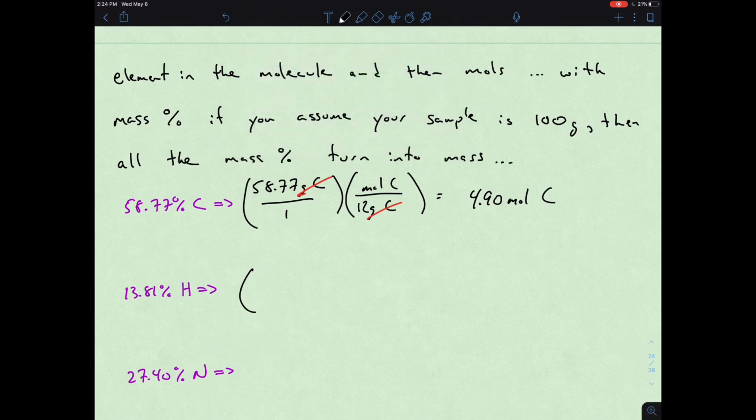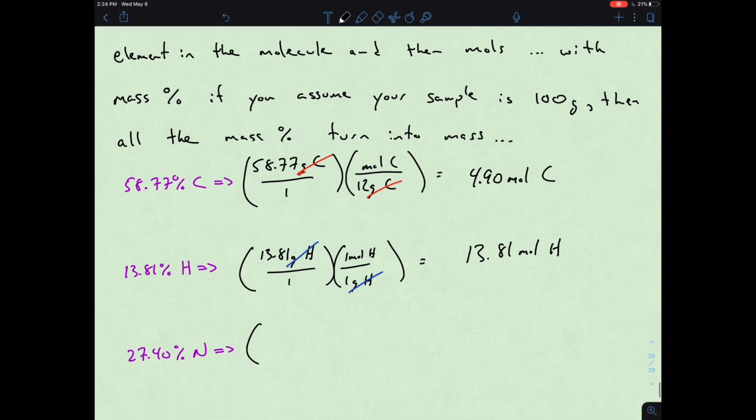So just that quick conversion. And now we're doing the same thing with the others, with their 13.81 grams of hydrogen. So that gives us 13.81 moles of hydrogen with that conversion.